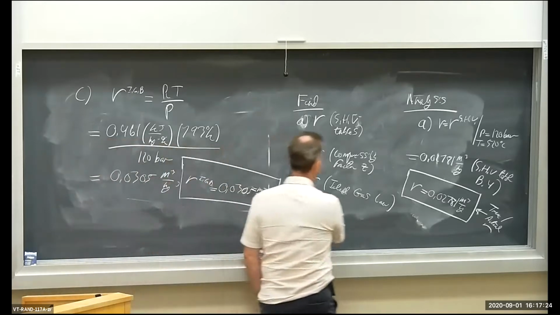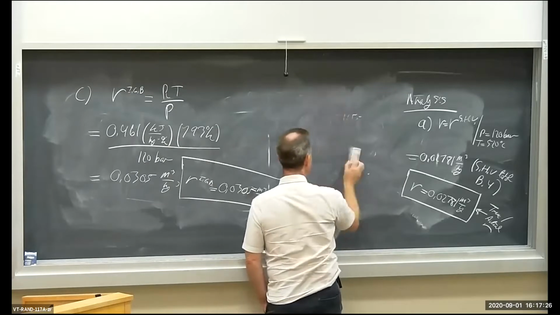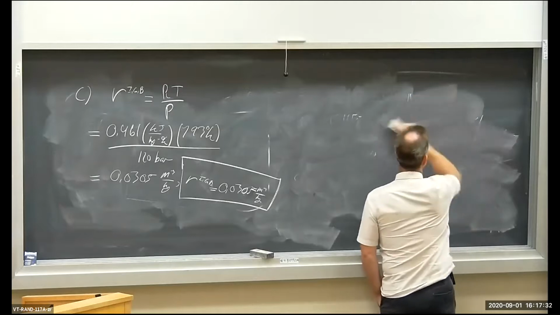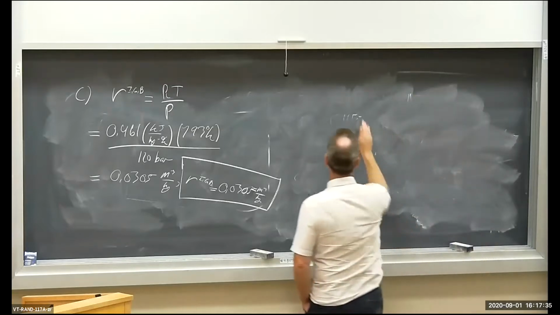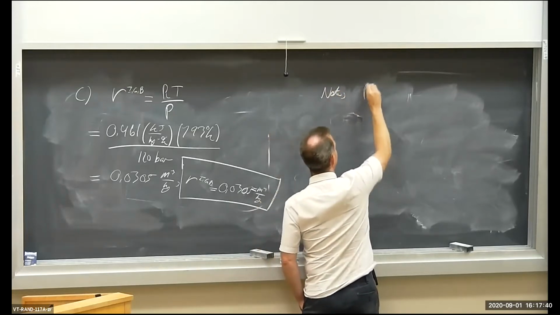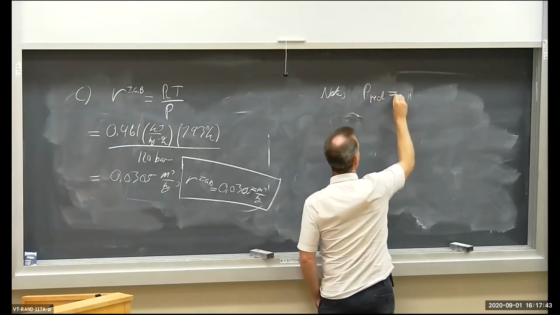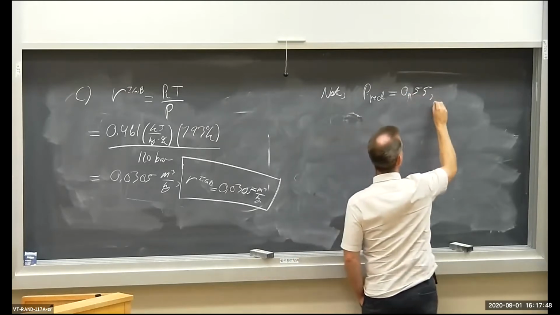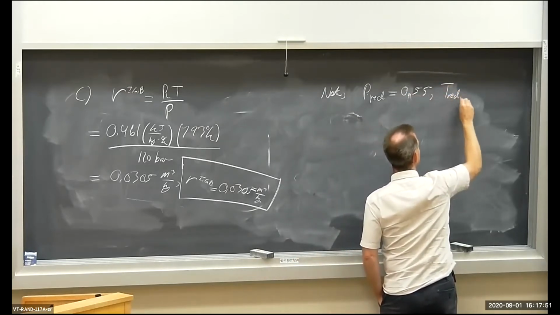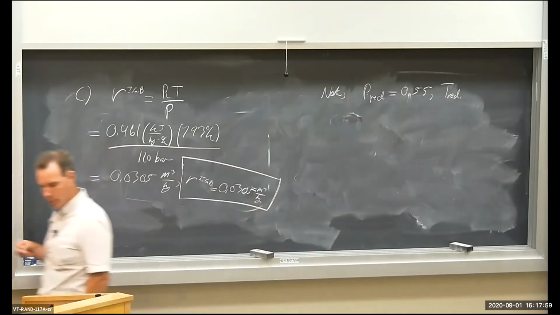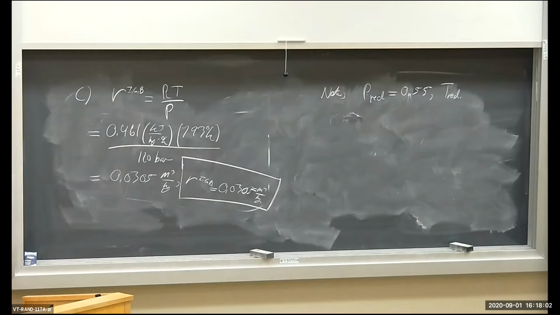So let me remind you, before, as I recall, note the reduced pressure was 0.55, and reduced temperature, what was reduced temperature? I forgot. It's like 1.5 or something like that, or 1.2. I think it was 1.2.